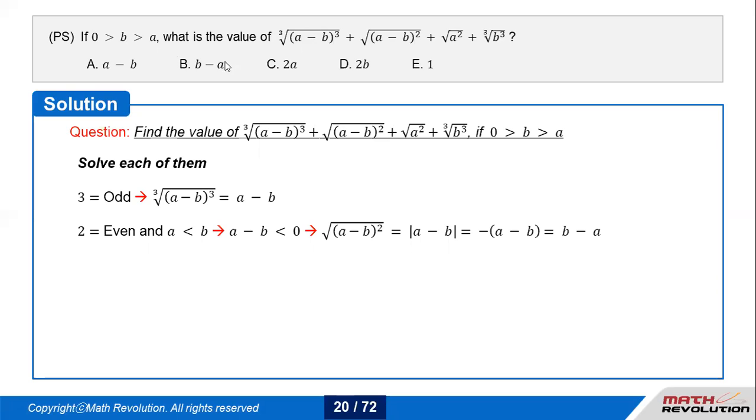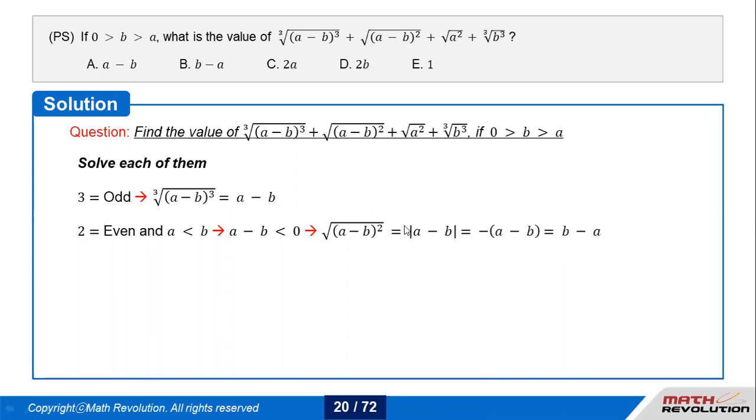So that automatically makes one thing clear, that mod of a minus b will give me a negative value for a minus b, and hence it would be reversed to get me b minus a. So this step is the most important one, that you should know whether that absolute value is giving me the negative for a minus b or it's a positive a minus b.